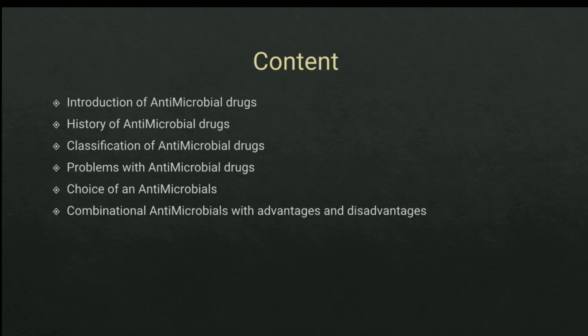After that, combination antimicrobials, where we give the antimicrobial with 2 or 3 drugs simultaneously. The problems that occur and the advantages, we also discuss in the last of our video. So these are basically the 6 points that we cover today. So let's begin the video.